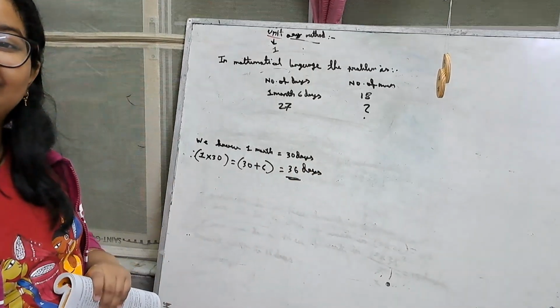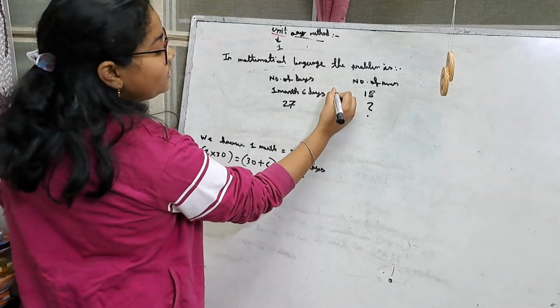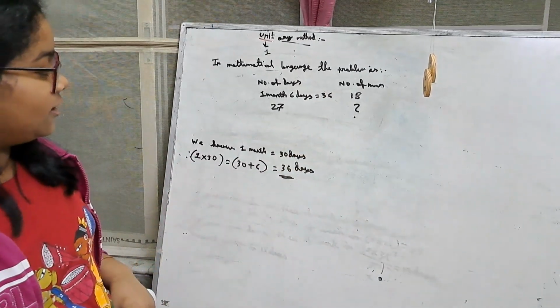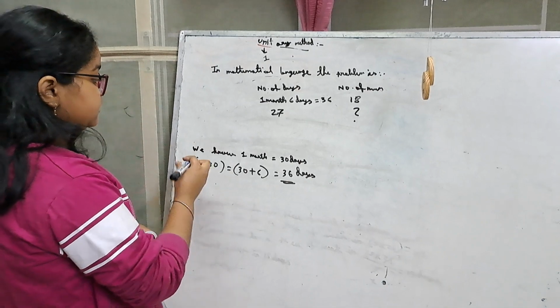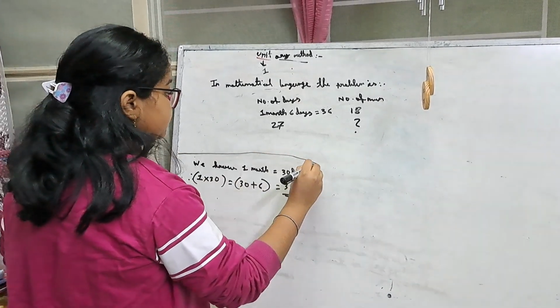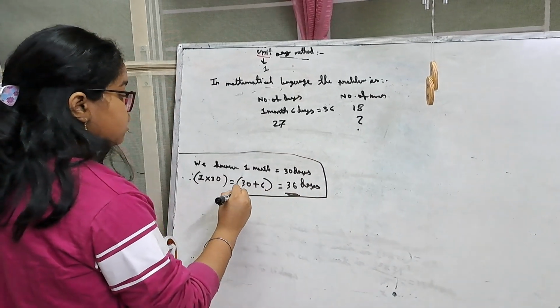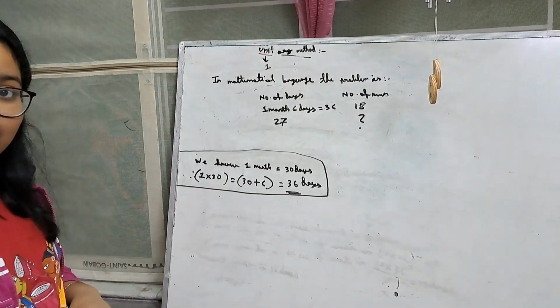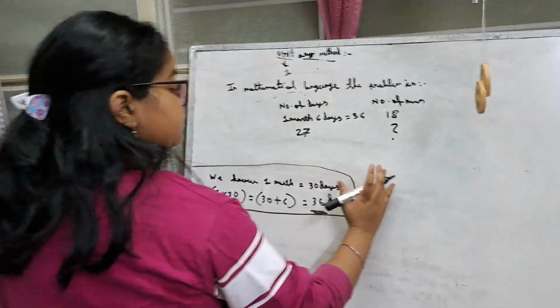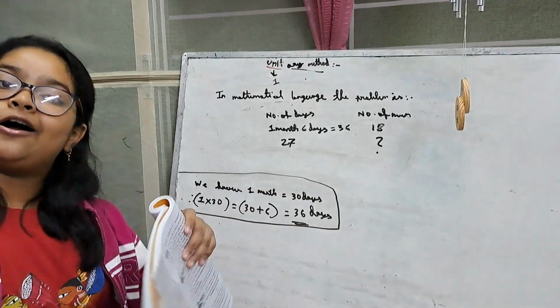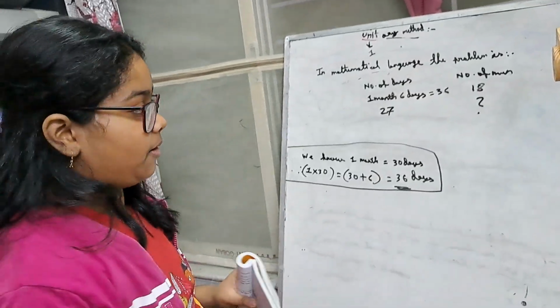That's all. So now we write here 36 days. Don't erase it, but we have to do this in a box. Then we can proceed to start the problem.